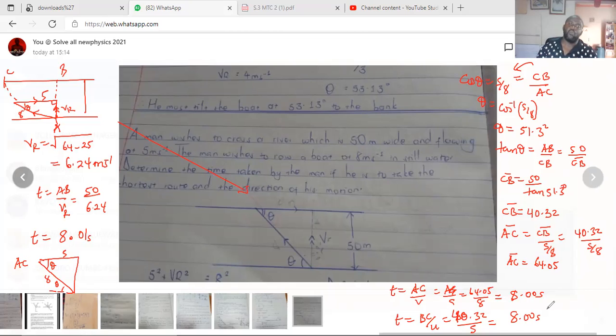I guess we do. Yes. So it means you're on the right track. That's why I say time is found using any known distance divided by the corresponding velocity. So if you have got any of the distances and you know the velocity along that line, you can always use that and find the time.